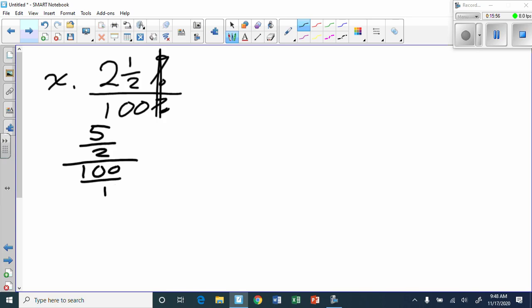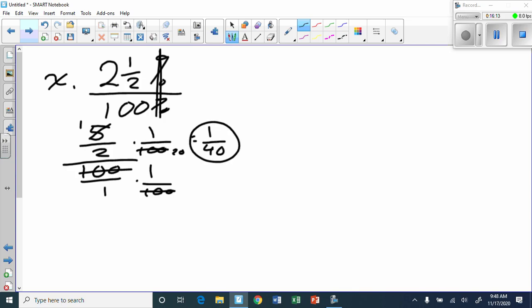What am I going to multiply by? The reciprocal of the bottom. Very good. 1 over 100 times 1 over 100. 100 and 100 cancel. 5 cancels with 5 and 100, and I get the answer of 1 over 40. 1 over 40. That's dividing by complex fractions.